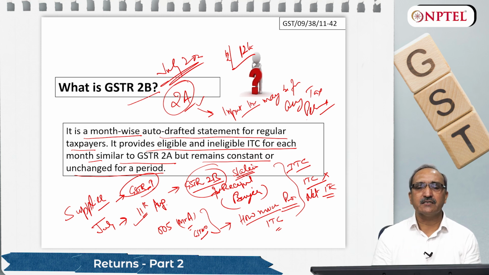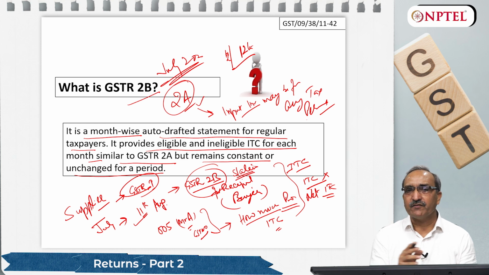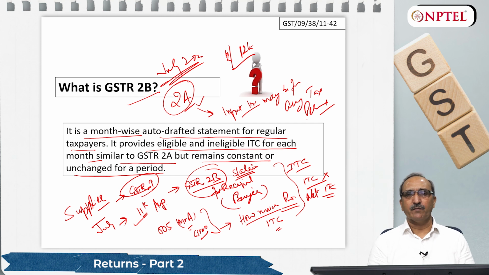So this statement is important from buyer's point of view. It happens so many times that you have received the bills and the goods from your supplier, but that amount is not appearing in your 2B on the GST portal, or 2A also.